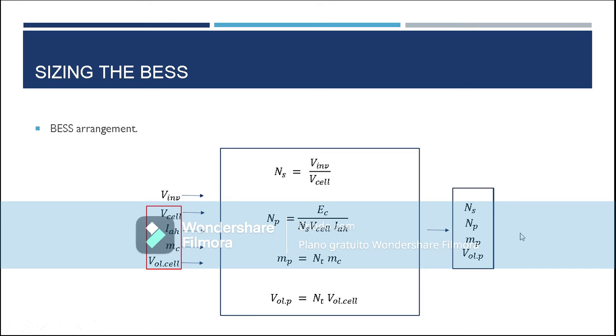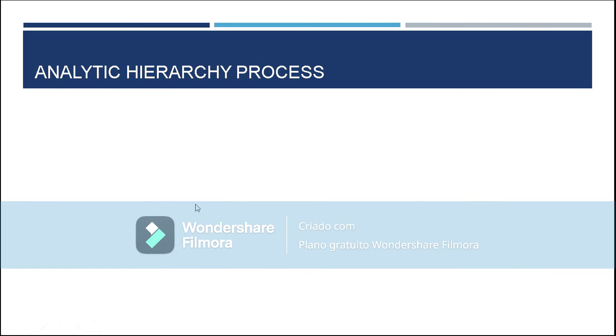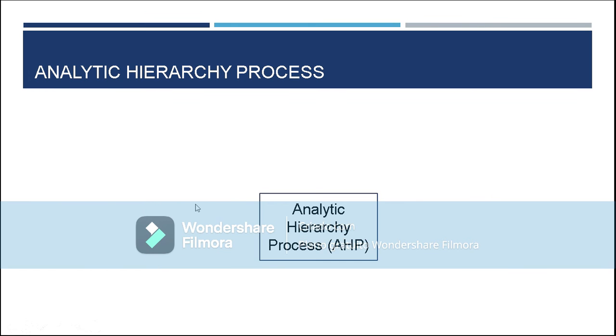So how could I choose the best battery cell for my application? To do that, we use the analytic hierarchy process. The AHP is one of the most used methods when you have a multi-criteria problem. So when I have a lot of solutions for my problem, or more than one solution, how can I choose which one is the best?